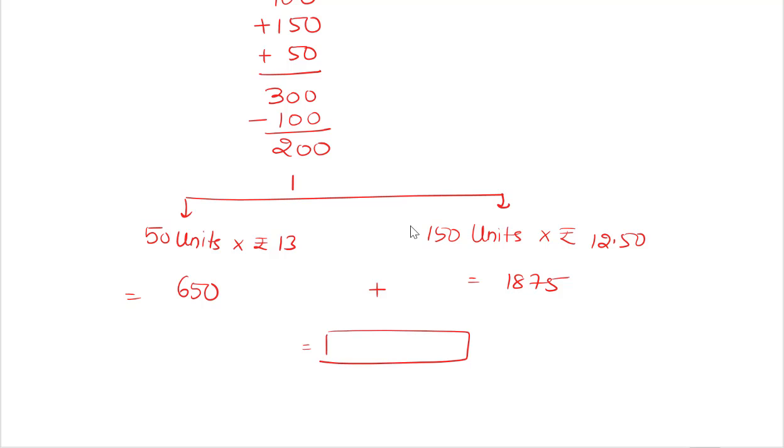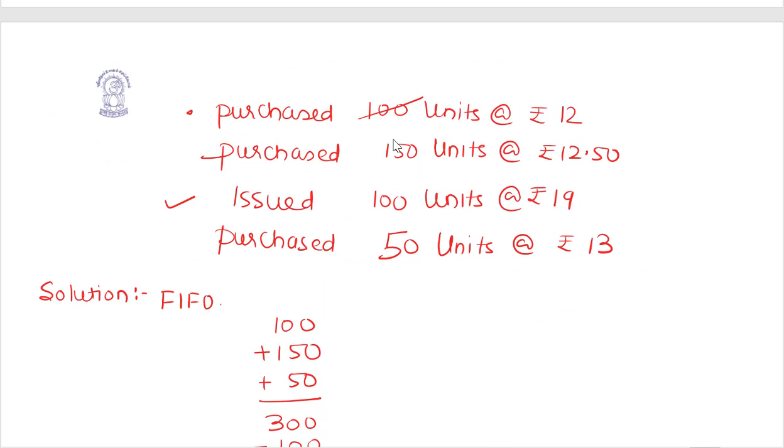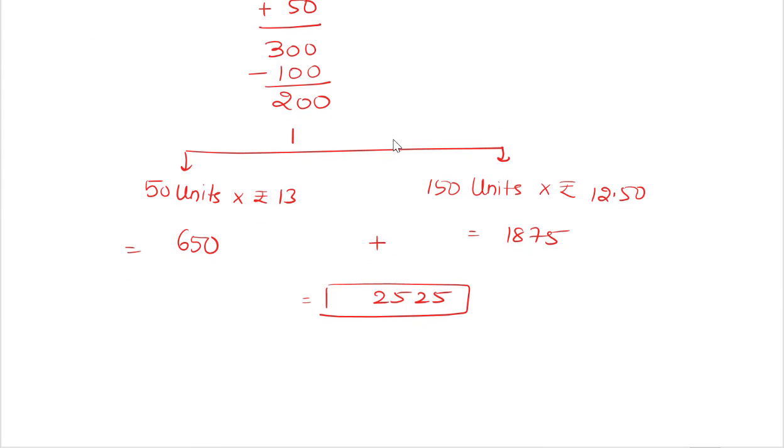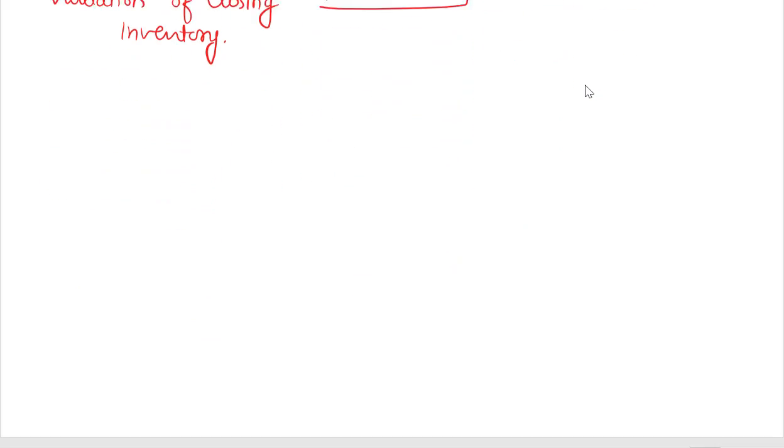Make the total of both: 2525. So as per FIFO, first in first out, the valuation of closing inventory is 2525.